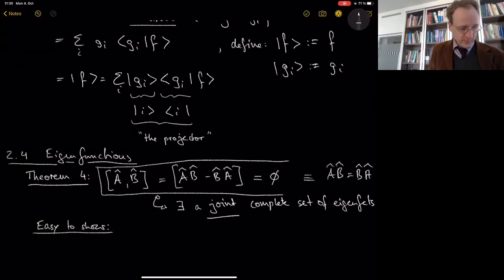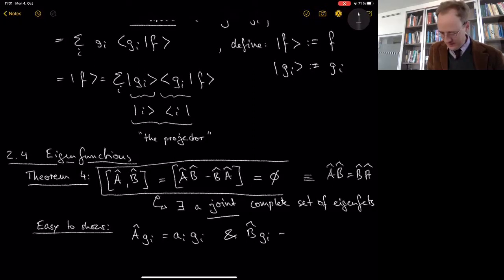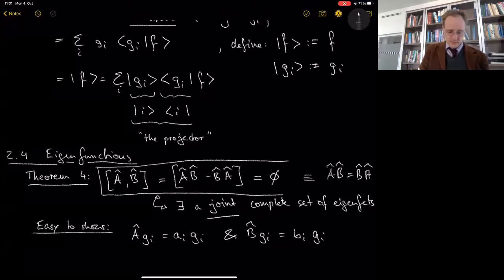Suppose A operating on this eigenfunction spits out eigenvalue a_i g_i, and B operating on that same eigenfunction gets its own eigenvalue and that eigenfunction back.